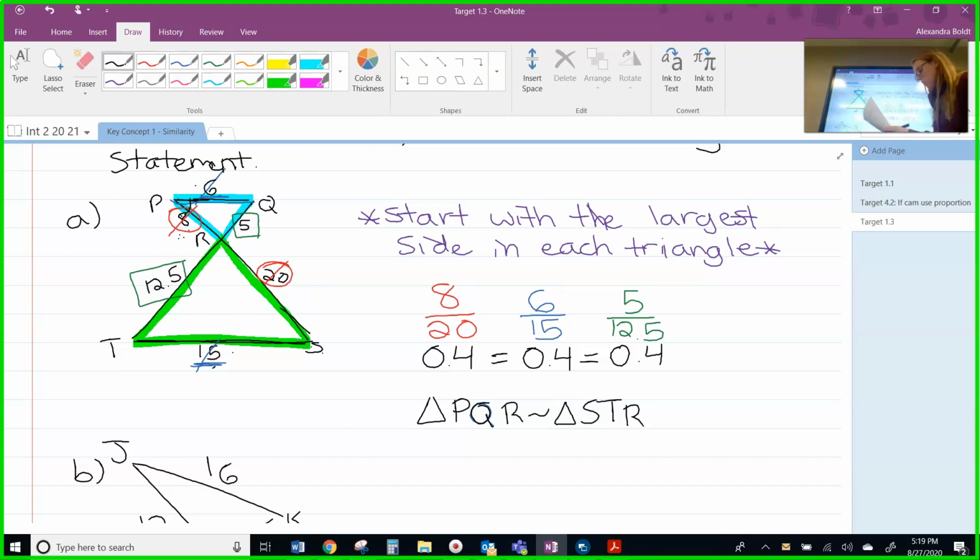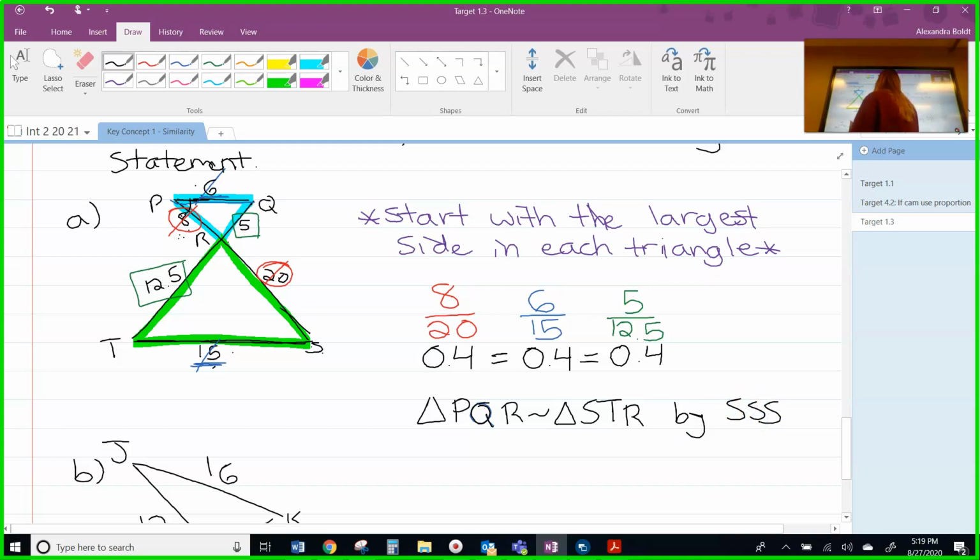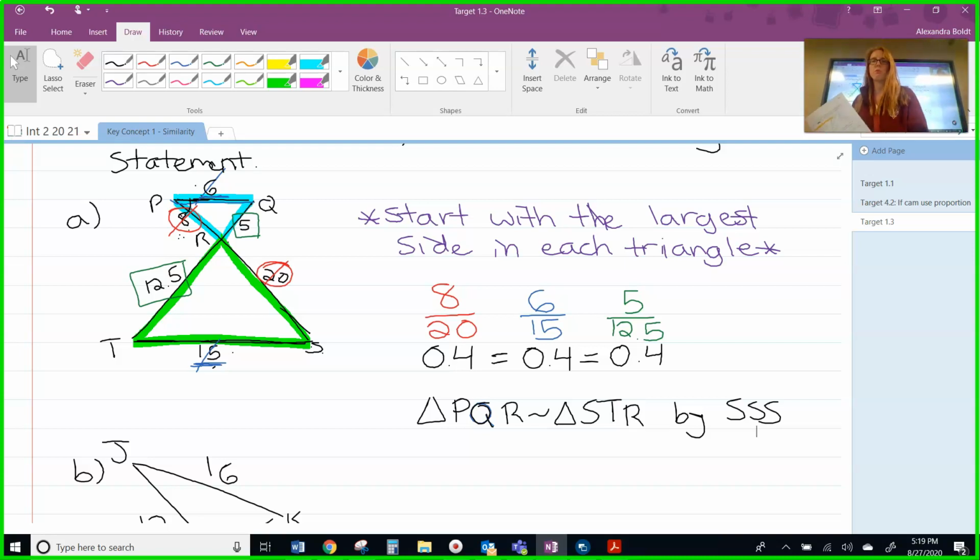Then the last thing we want to do is say that it's by side, side, side. I forgot to do that in the last one. But whatever you use, I would write that it's by that theorem.